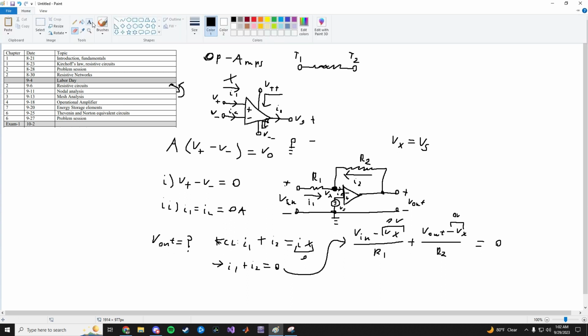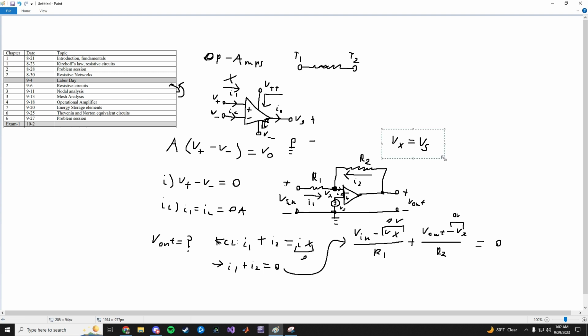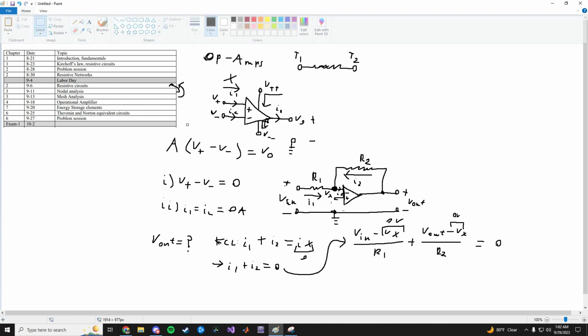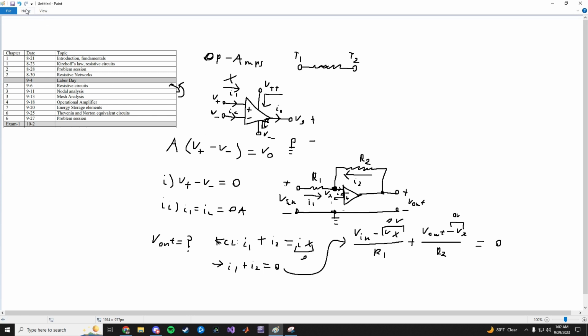That's why, if it's shorted to ground from that plus terminal, it's going to be 0 volts. Let's clean this up. This is connected to ground like that, so Vx is equal to 0.